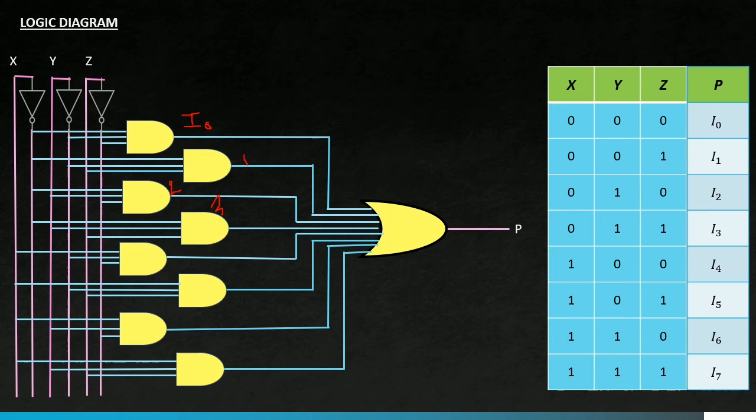This is only possible with the help of an OR gate, as we already know that an OR gate produces a high state value if any of its inputs is high. So all these values from I0 to I7 are combined with the help of an OR gate, and we have got our result as P, that is the result of the multiplexer as a single output.